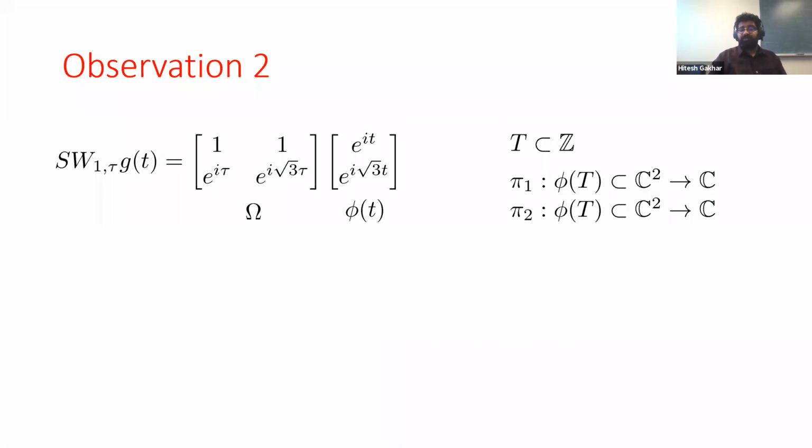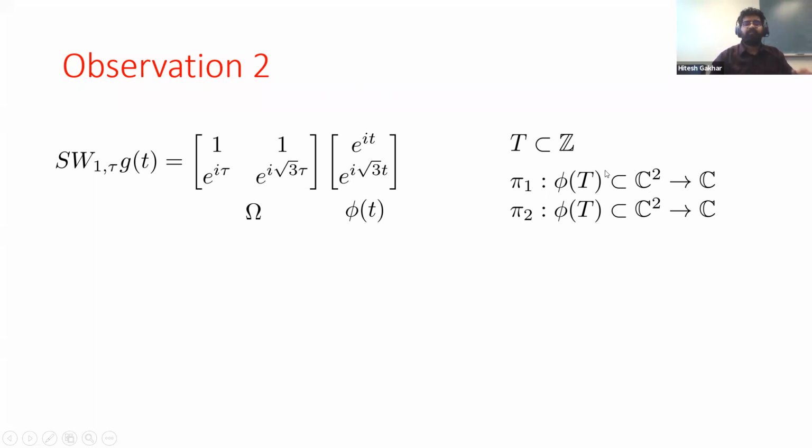The second observation, which is seemingly straightforward, is the following. Recall that a couple of slides ago we saw that for this particular function, my sliding window point cloud can be written as omega times phi. Let's say we take some large enough set T in Z. Then phi of T, that is the collection of these phi vectors, is going to be in C2.